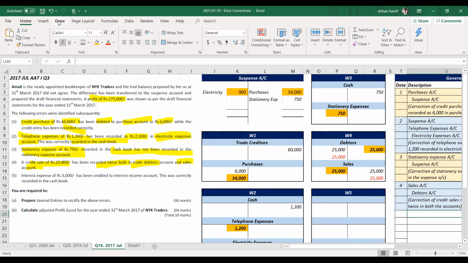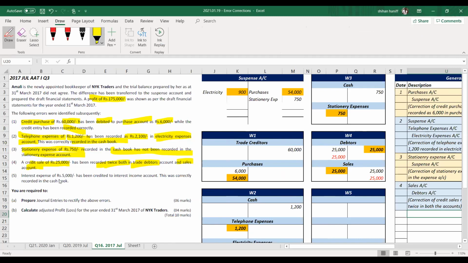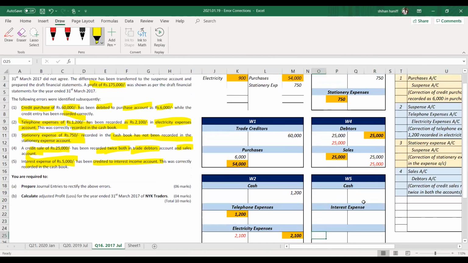And the last one, interest expense 5,000 has been credited to interest income account. This was correctly recorded in the cash book. Interest expense. Double entry will be cash account credit, interest expense debit.